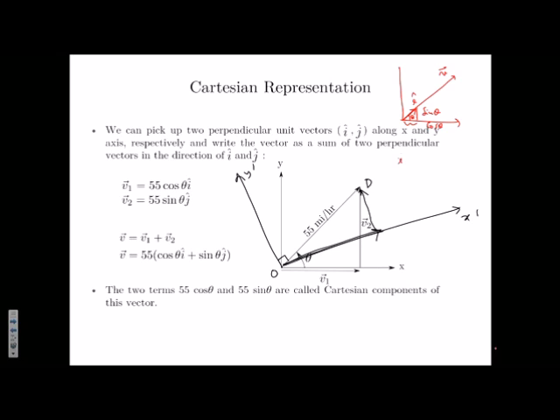Now I can write e hat directly from here as cosine theta i hat, because this is e hat and these are the directions, plus sine theta j hat. This angle is theta over here. So once you know the Cartesian representation, it doesn't matter whether a vector is a unit vector or not. You can always drop the perpendiculars and write that.